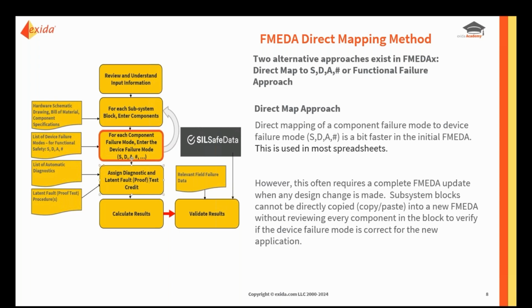There are problems with it, though. If you need to change anything, you need to go back to all your components and figure out which components need to be changed and how they need to be changed. So that's the classic way of doing it, or as some of us at Exida would put it, the old way.